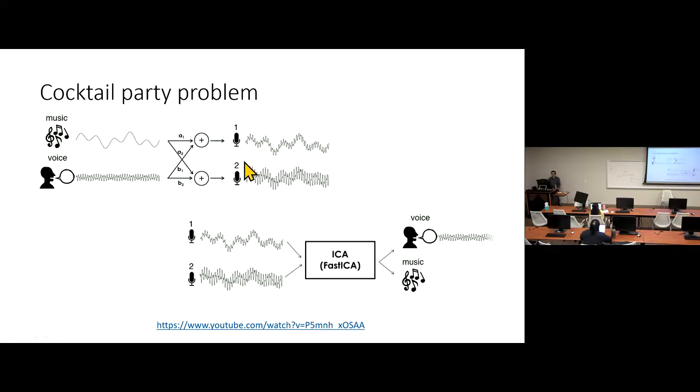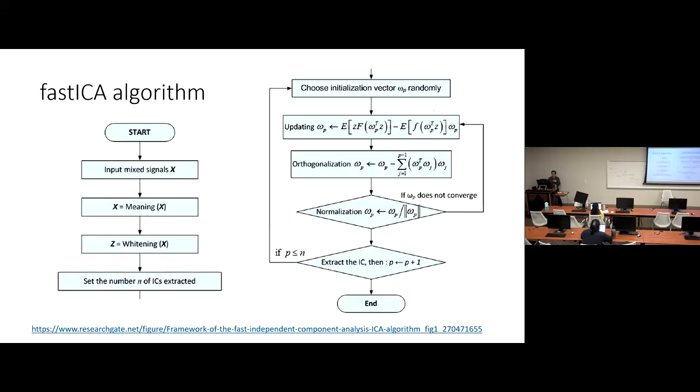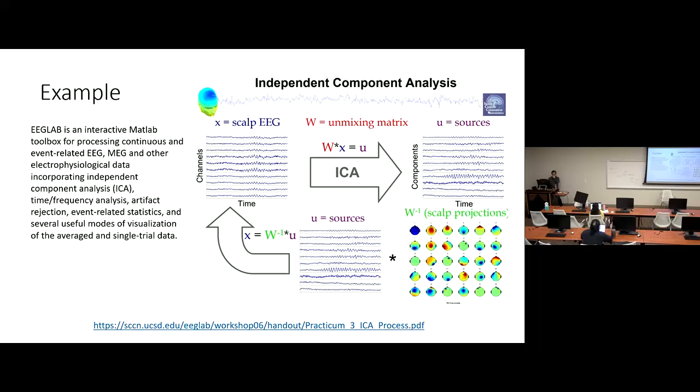Once you have these two microphone signals, you put them together, and through this ICA algorithm, you will be able to reconstruct the independent sources of this signal. So that's the process.